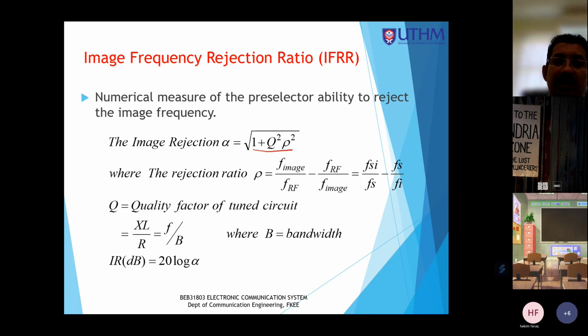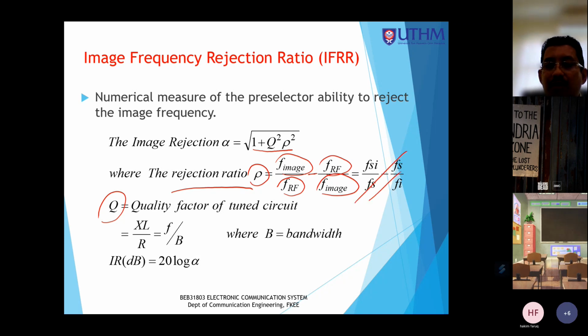Q is the quality factor, rho is the image rejection parameter. Both parameters are unitless. The rho is F image divided by FRF, minus FRF divided by F image. You can ignore this for now.